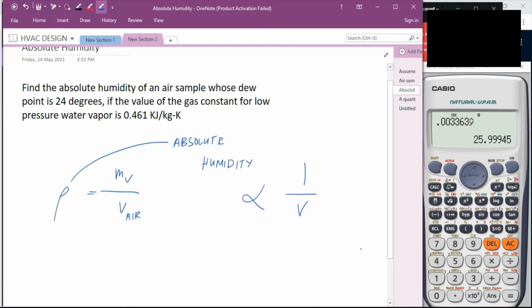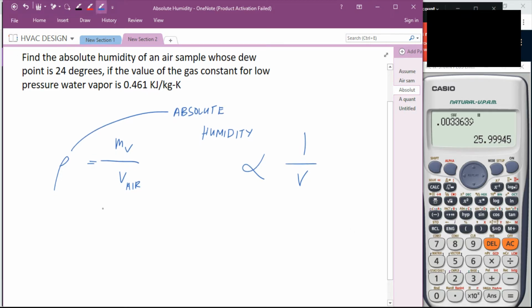Okay? We note that the absolute humidity of an air sample or your vapor is also the reciprocal of the specific volume. That is derivable or can be gathered or can be solved using the ideal gas law. Oh. So, in this problem, we are ought to find what is the absolute humidity of air whose dew point is 24 degrees. Meron kang dew point na 24 degrees.